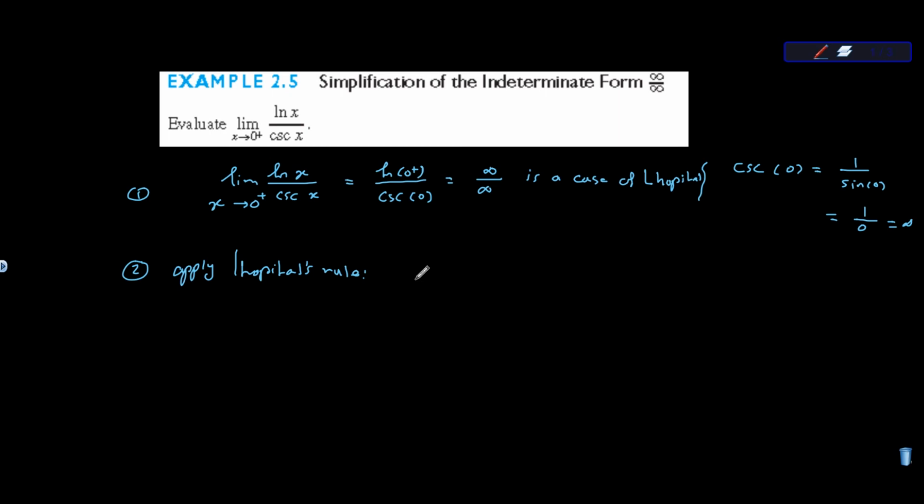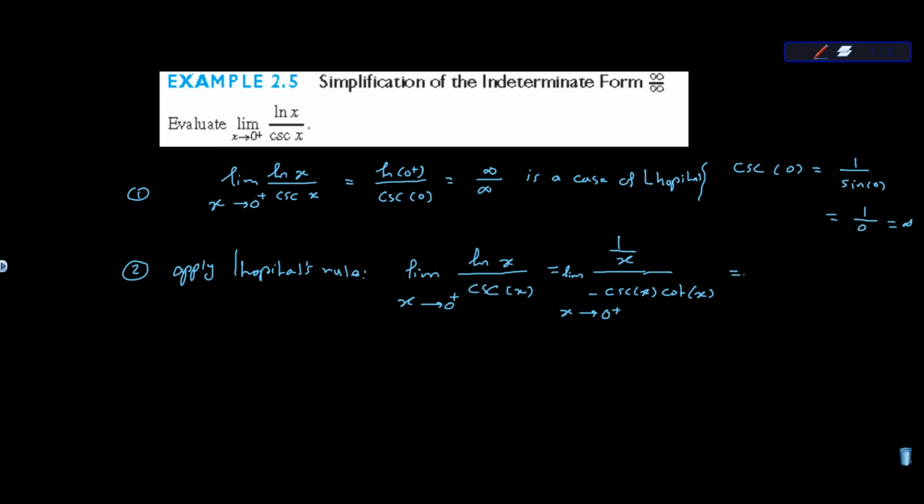Let's see here: the limit of ln x over csc x as x approaches 0 from the right is equal to the derivative of ln x, which is 1 over x, over the derivative of csc x, which is negative csc x times cot x. Okay, we can find this limit as x approaches 0 from the right.